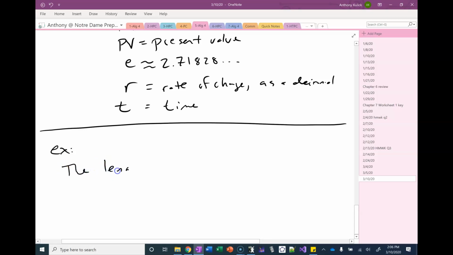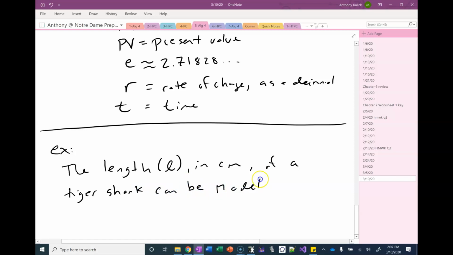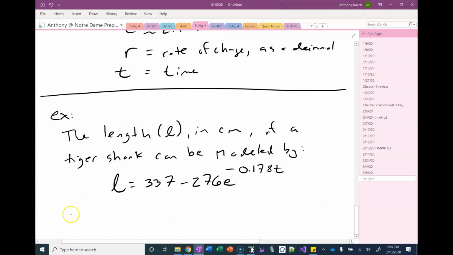So for example, the length L in centimeters of a tiger shark can be modeled by L equals 337 minus 276 e to the negative 0.178 t, where t is the shark's age in years.